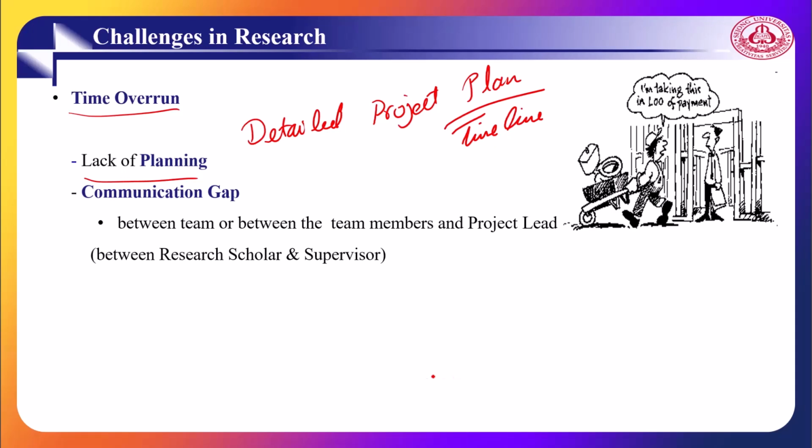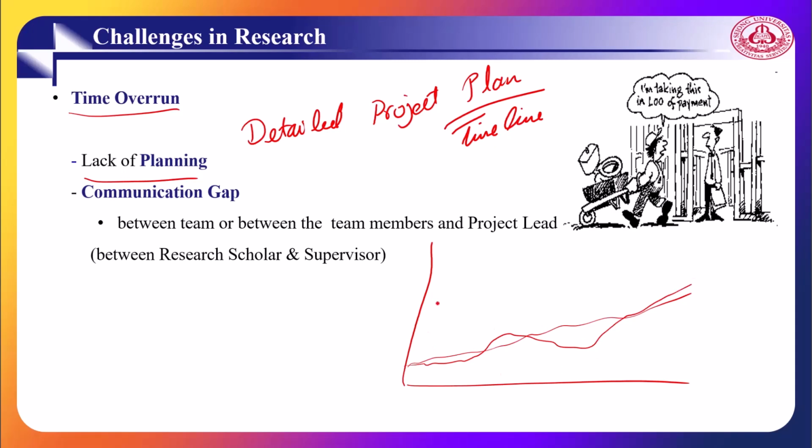So maybe we have something like this, and this is, for example, our plan, and what is the actual. Maybe actual is sometimes better, sometimes not. So we always need to track it, maybe by week 1, week 2, week 3, week 4, right? We have to take care of it. The second problem is communication gap. Miscommunication or lack of communication between team members, research members and supervisor, right?